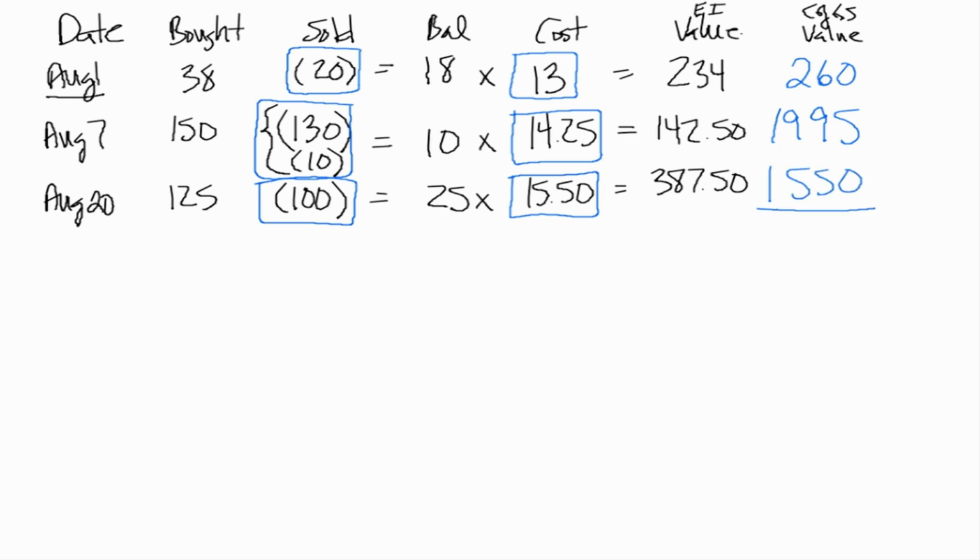I can now add this up, and it will tell me that the cost of goods sold is $3,805. If I add up the other numbers, it will tell me that ending inventory is sitting at $764.